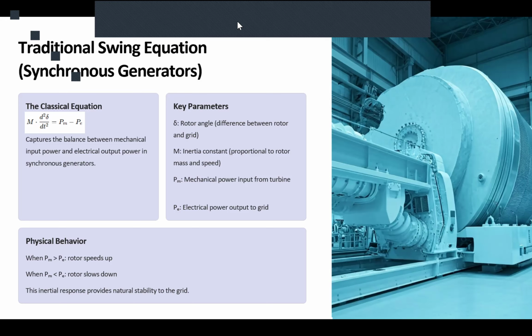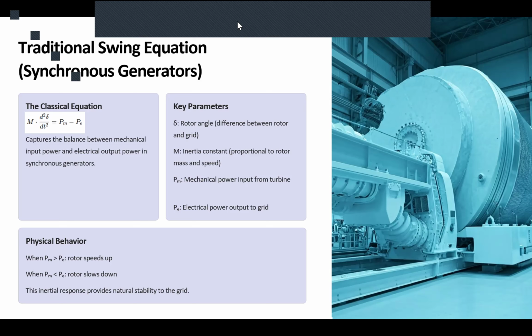Because if you remember, let's consider the movement of any kind of object. The first derivative of the space is velocity. The second derivative is acceleration. So we are talking about the change or movement in delta, so the second derivative is the acceleration.